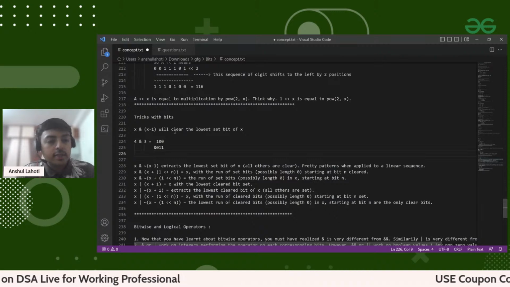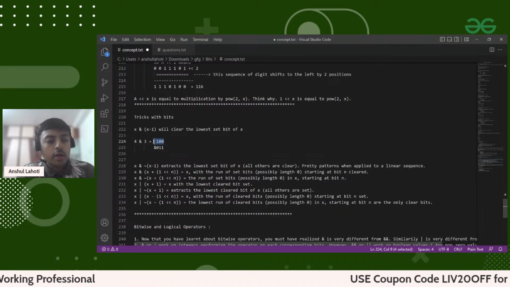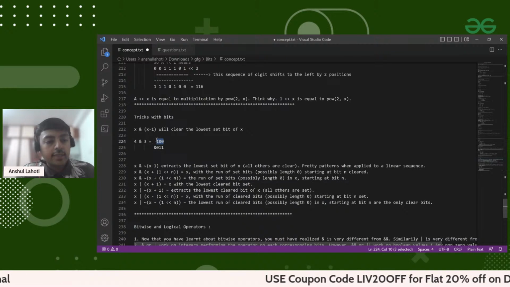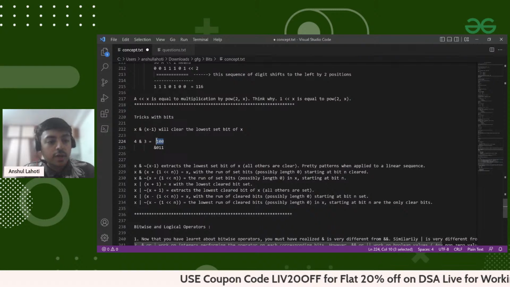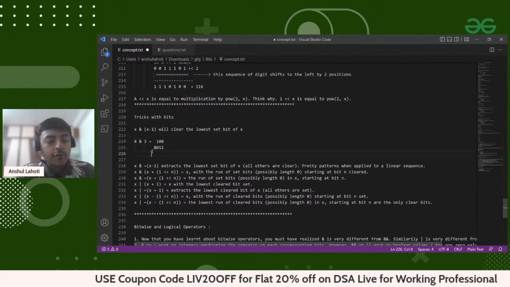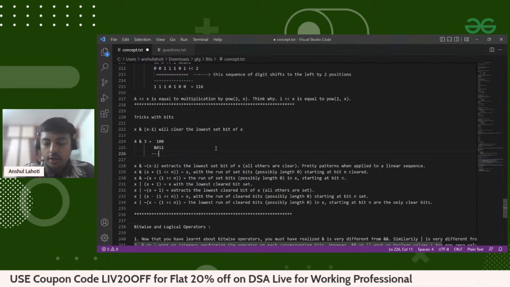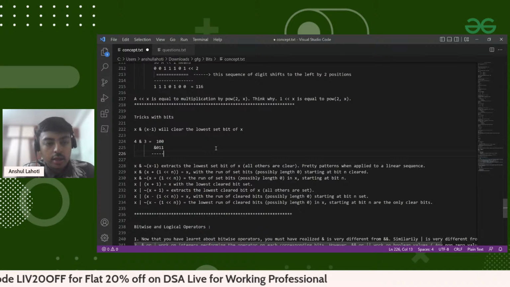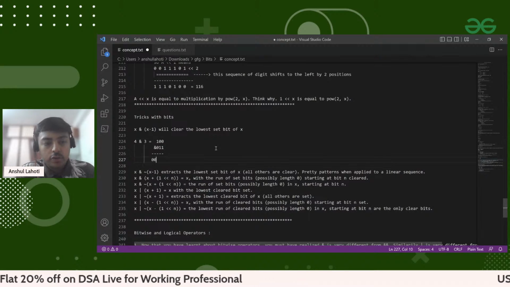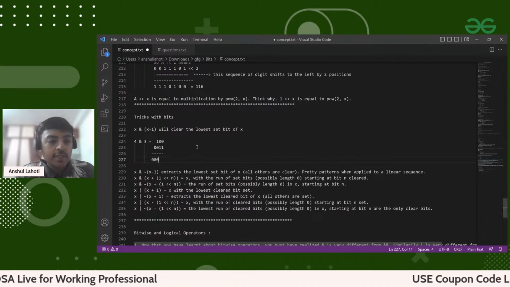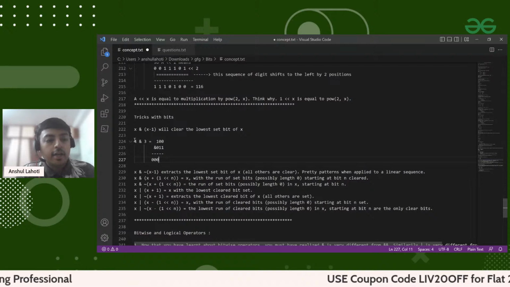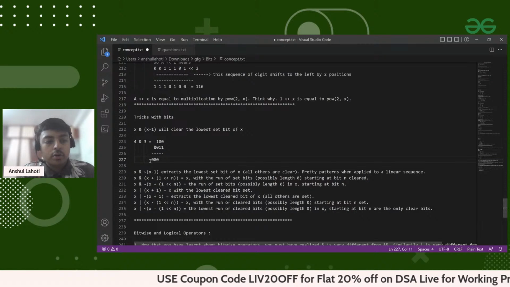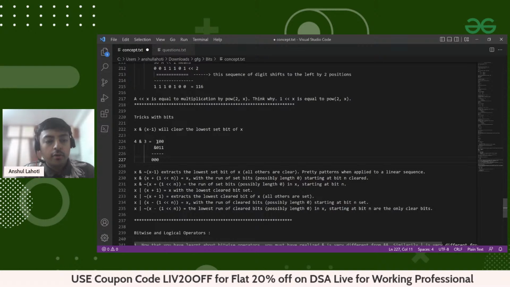The lowest set bit of x is this one, right? If you take the AND, you get the output 0 0 0. So taking the AND of 4 and 3, you are getting 0. You have cleared the lowest set bit of x.